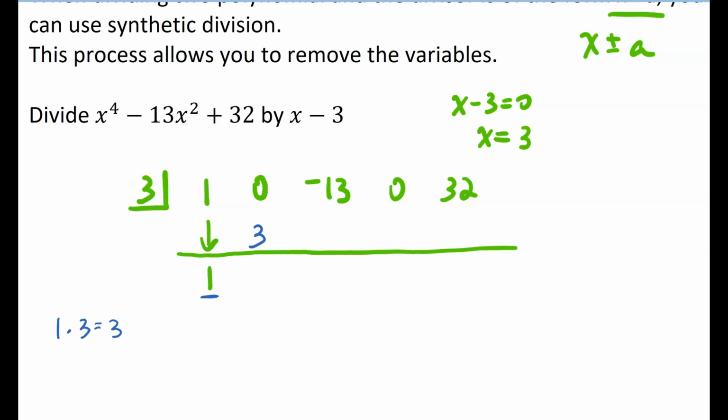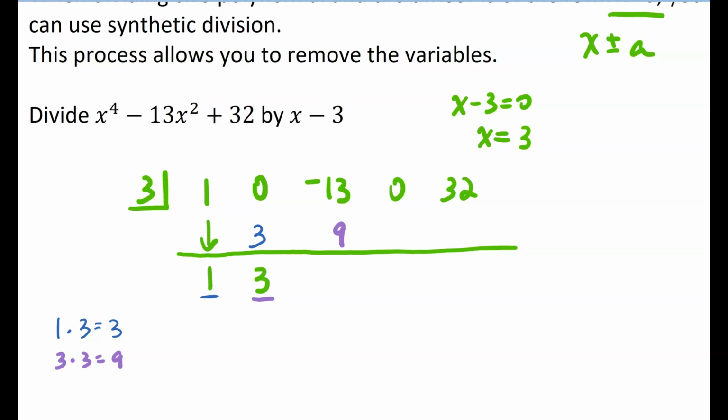Why did you put the 3 right there? Because that's where it goes in synthetic division. Now I'm going to add the column. 0 plus 3 is 3. And just like in the previous step, I take this 3 and multiply it by what's in the box. 3 times 3 is 9, and that 9 goes here in the next column.